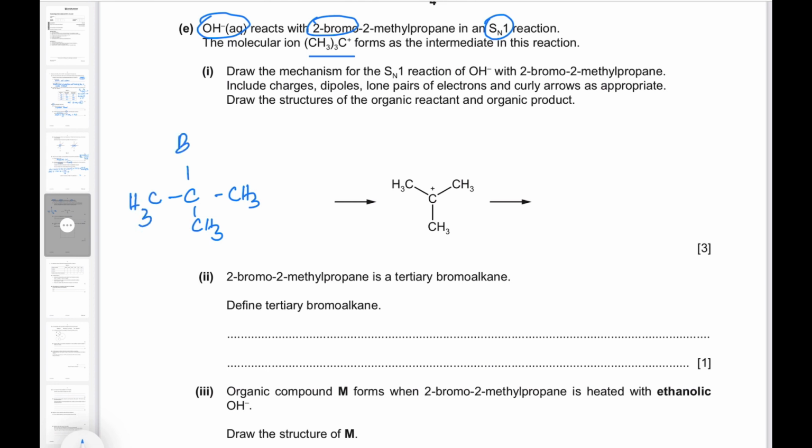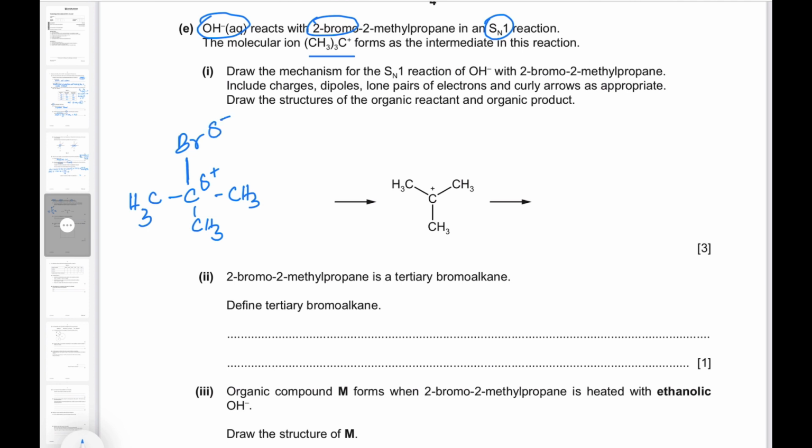This is SN1 mechanism, which means this is a two-step reaction in which the first thing that happens is the carbon-halogen bond breaks down, as carbon has a partial positive charge and the halogen, bromine in this case, will have a partial negative charge.